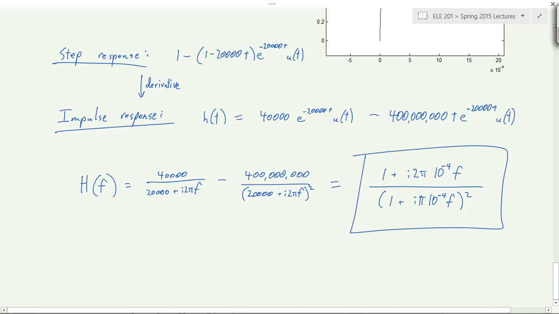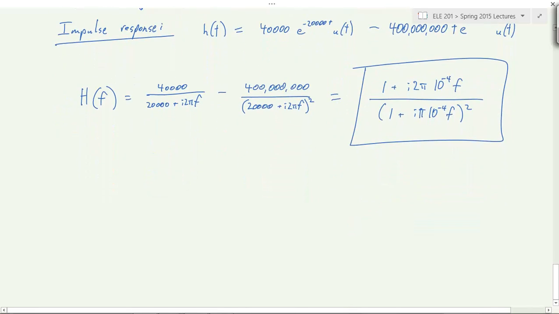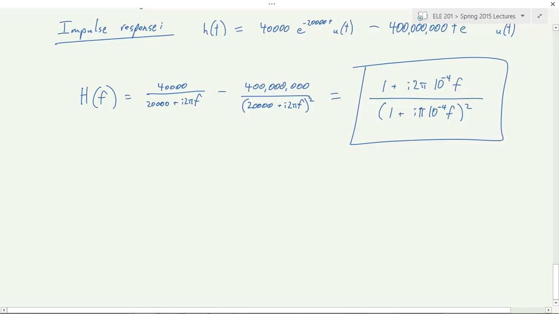Now, if we do a magnitude and phase of this, the magnitude of h of f is going to be the absolute value of the top divided by the absolute value of the bottom, and that's just going to be this.